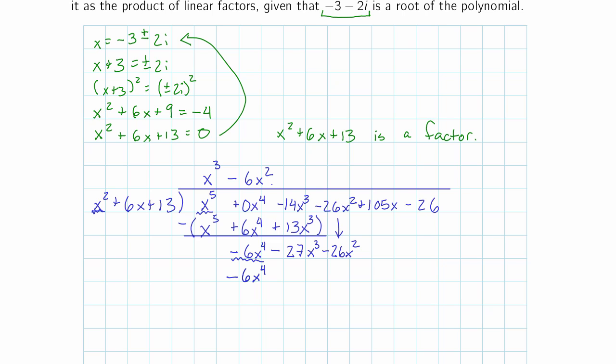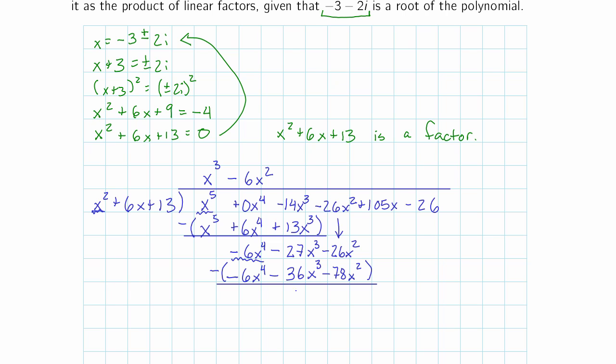Negative 6x squared times positive 6x is negative 36 x to the third. Negative 6x squared times positive 13, you might want to grab a calculator for this one, is negative 78 x squared. I did not just do that in my head. I worked this out earlier. And now we subtract.